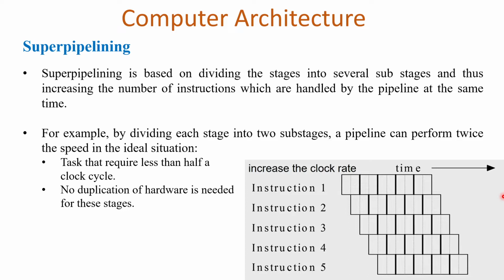That means we will be able to divide the stages into more sub stages, maybe two or maybe more than two, and according to that we can increase the number of instructions which can be handled at the pipelining, because those sub stages are now considered as the stages of that advanced pipelining.